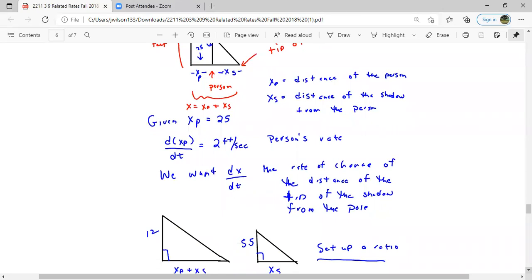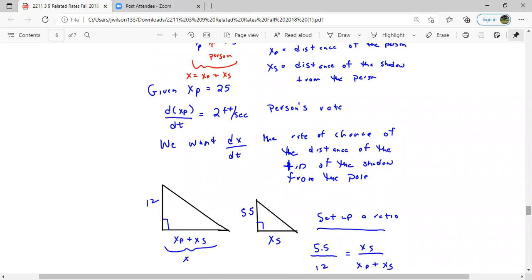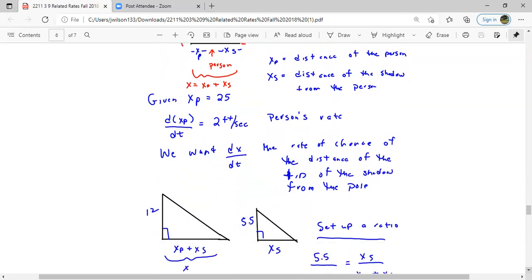Let's look at this. In this case, we're going to use similar triangles and not the Pythagorean theorem. We've got the big triangle, which is 12 on this leg, and then this leg is XP plus XS.